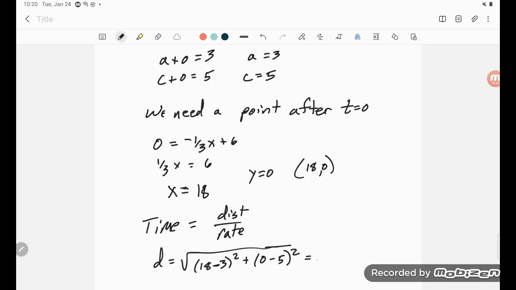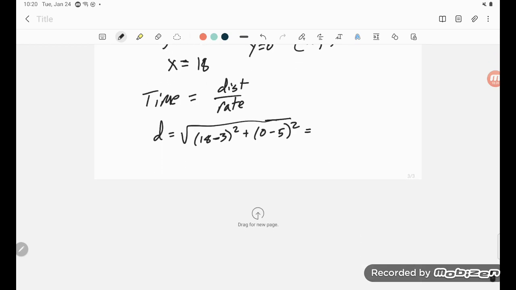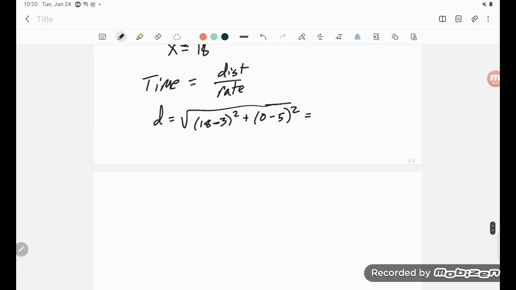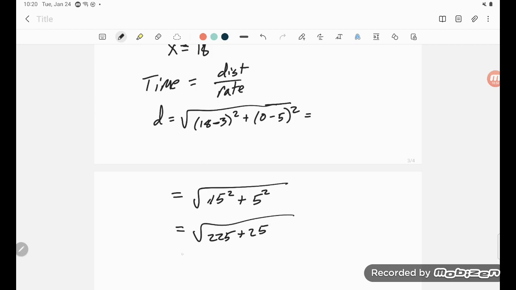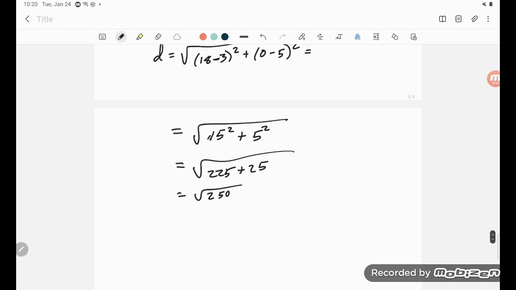So that's the square root of 15 squared plus 5 squared. So that's the square root of 225 plus 25, the square root of 250.